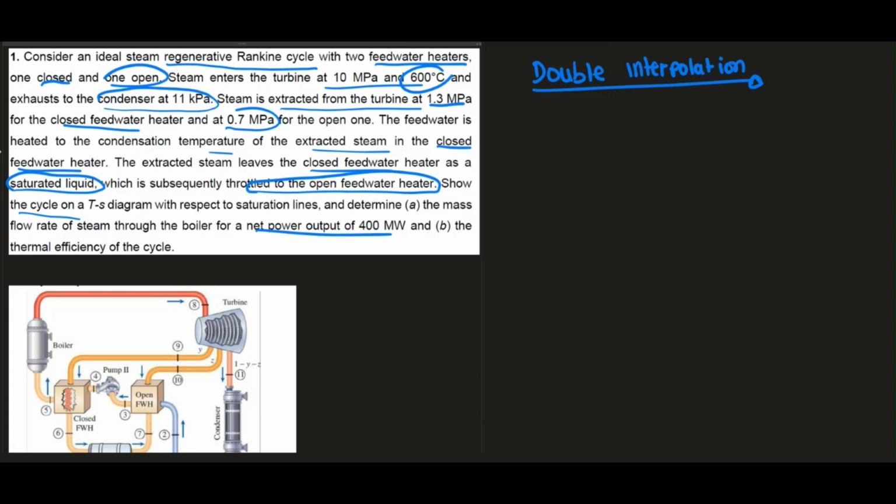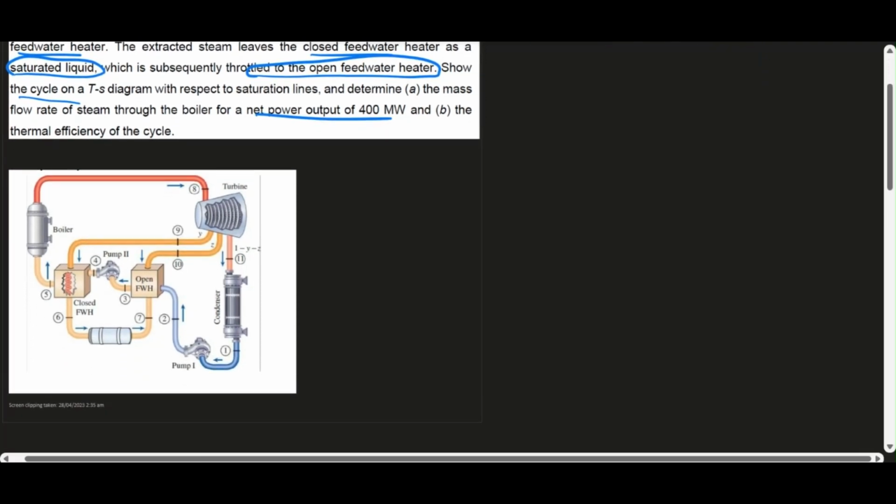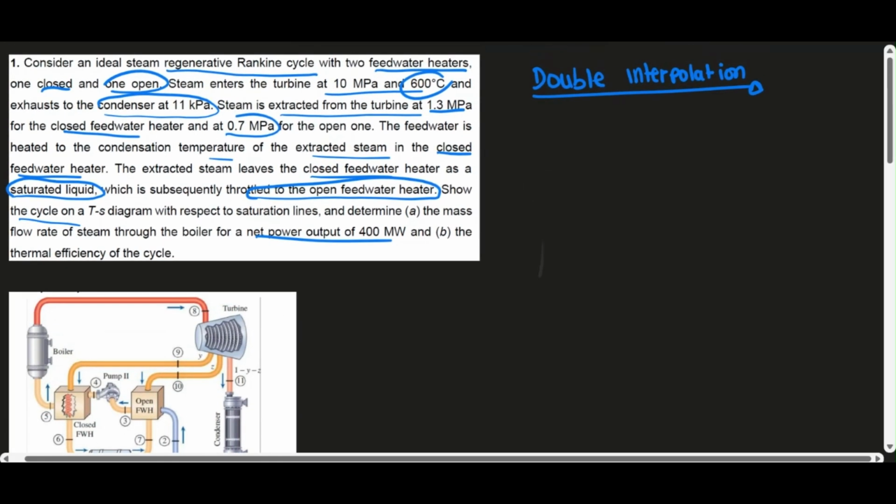So let's go ahead and draw a TS diagram of this whole plant. It's a regenerative Rankine cycle, and the schematic is as follows. That is the schematic. So let's go ahead and do that.